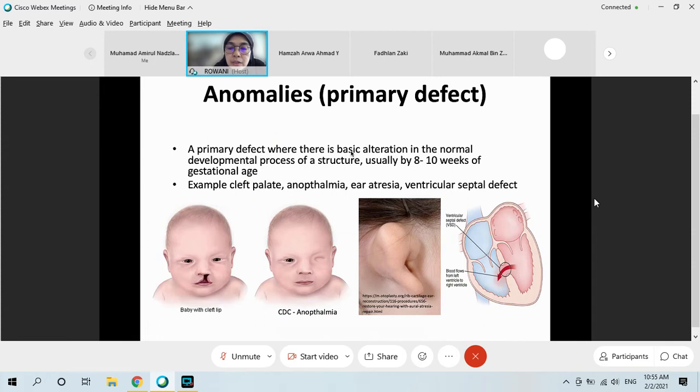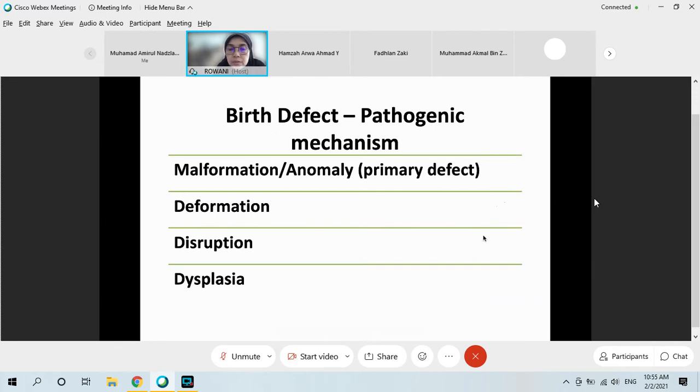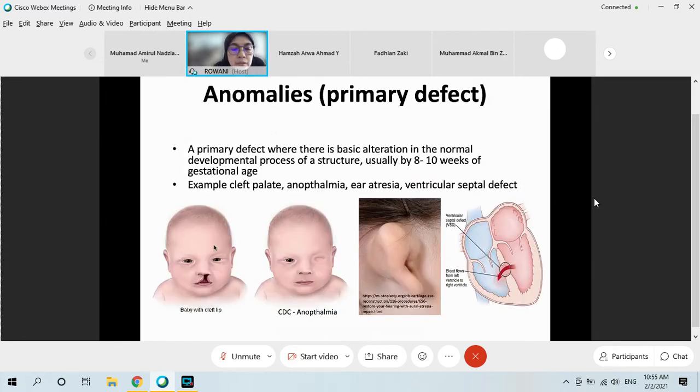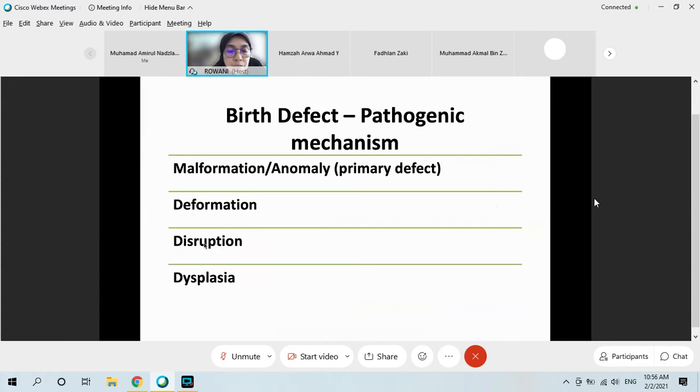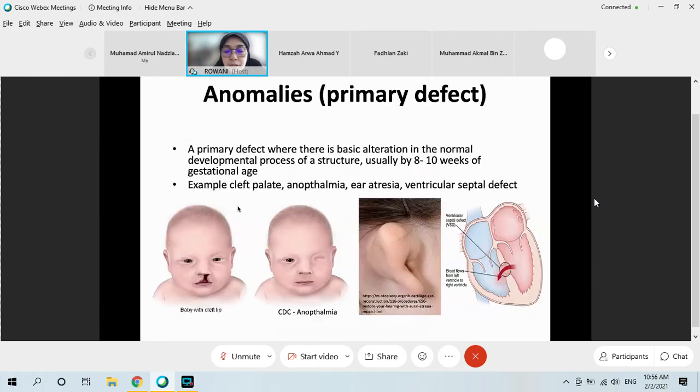In other words, the tissue does not form normally from the beginning. Examples are cleft palate, anophthalmia, ear atresia, like you saw in the father and child with Treacher-Collins earlier, and ventricular septal defect. But just to remind you, cleft palate or lip may not just be due to anomalies. It can also be due to disruption or deformation.